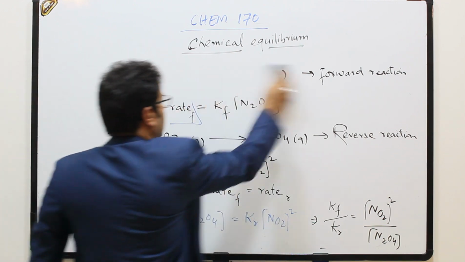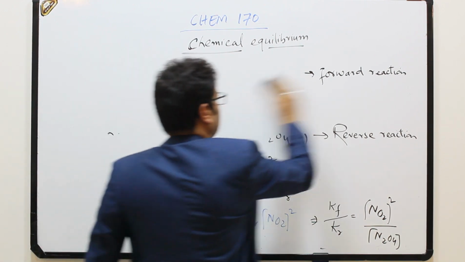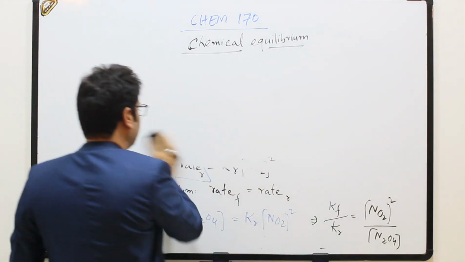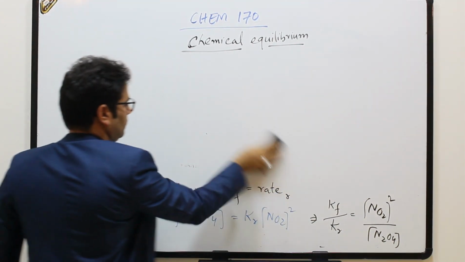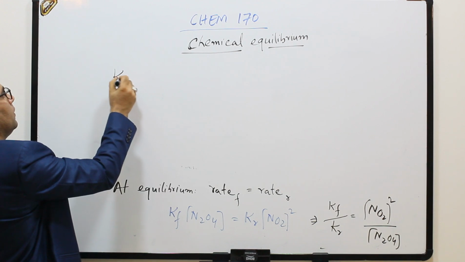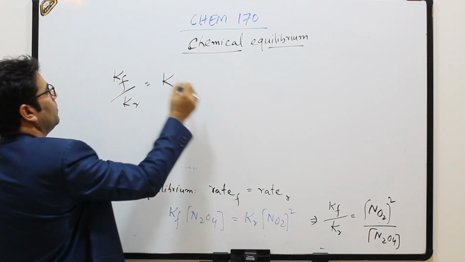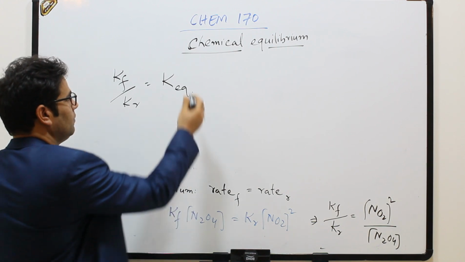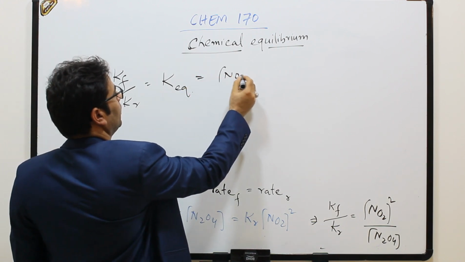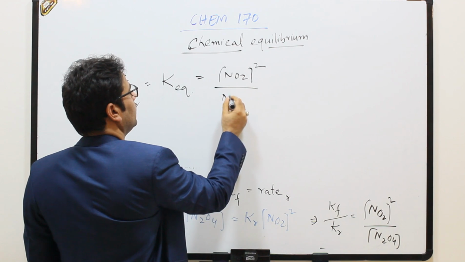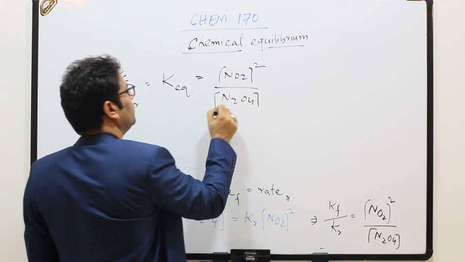So let me show it here. We will say Kf over Kr is equal to the equilibrium constant K. So it will be equal to [NO2] whole square over [N2O4].